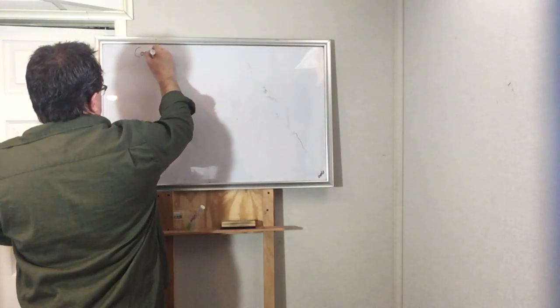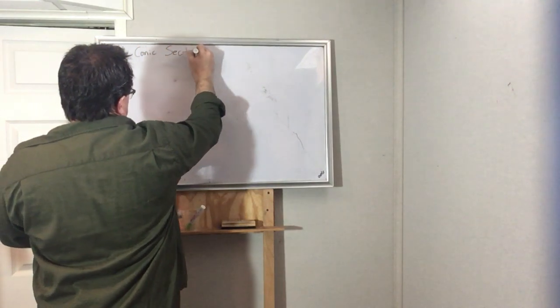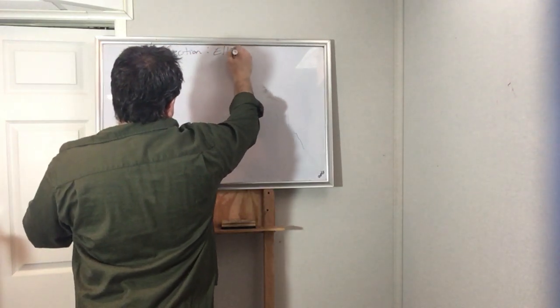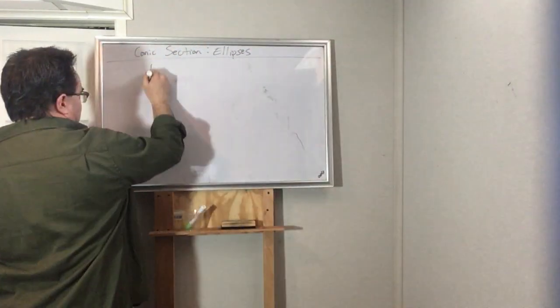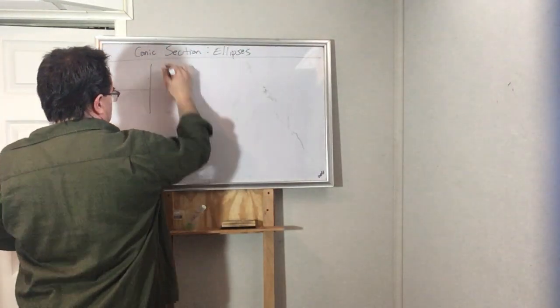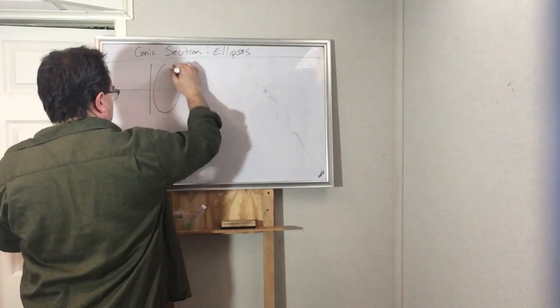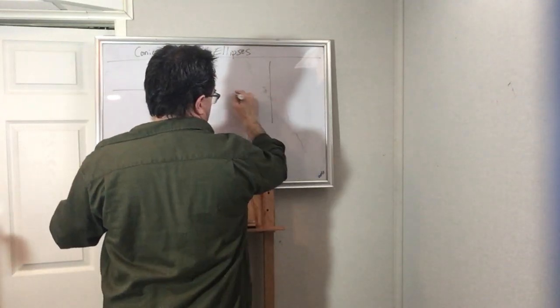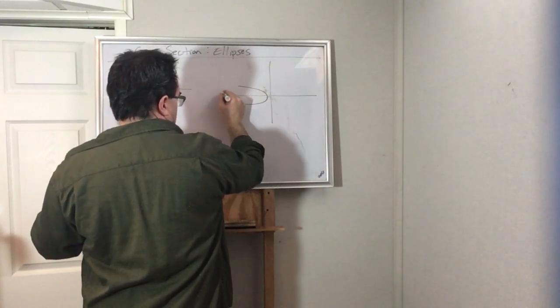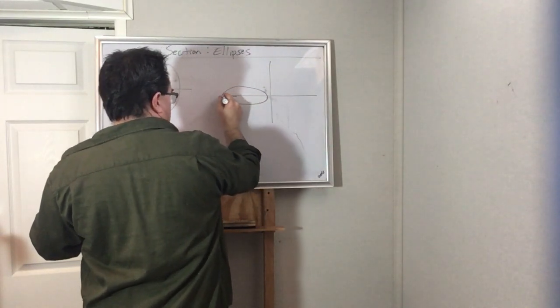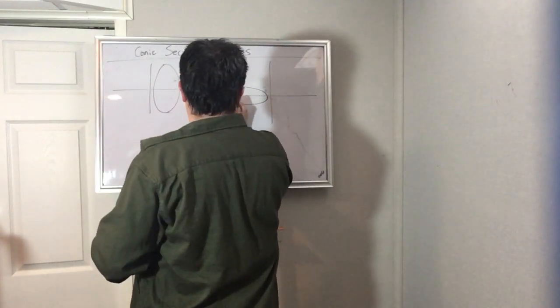So conic section, ellipses. And we've got two types. This type and this type.